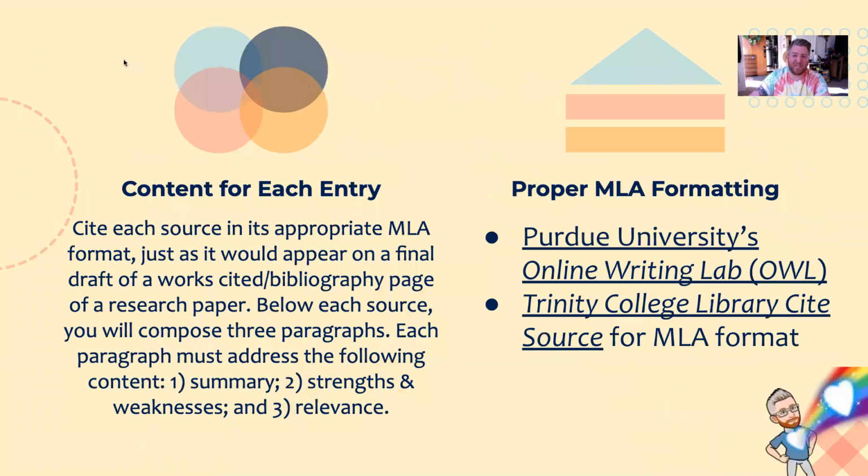Okay, so the content for each entry. Each one of those color-coded sections I have on that document, you're going to cite each source in its proper MLA format, just as it would appear on a final draft of a works cited or a bibliography page of a research project. You will have a section of your project that will be your works cited page. Everything that you are going to use for your project, you have to cite that source.